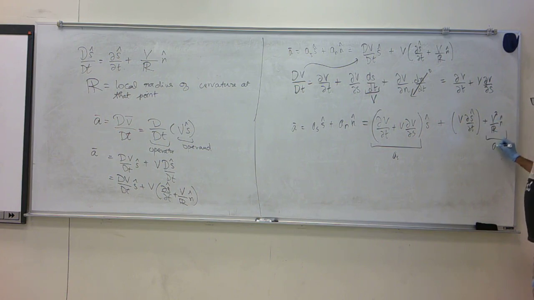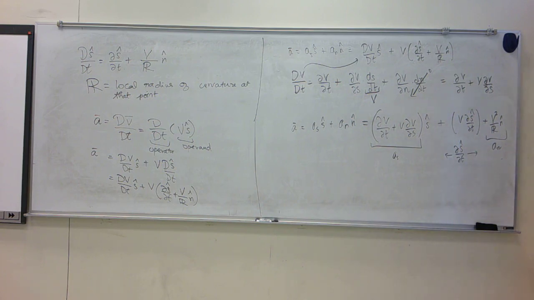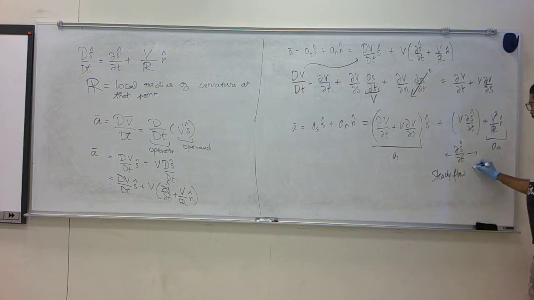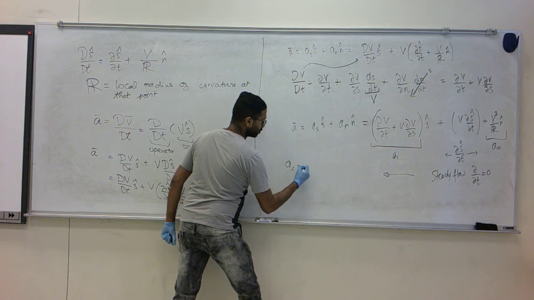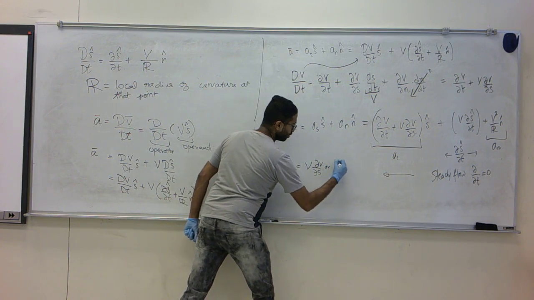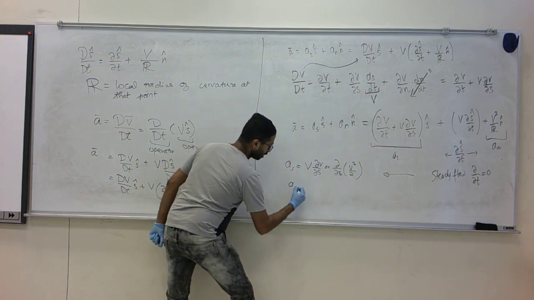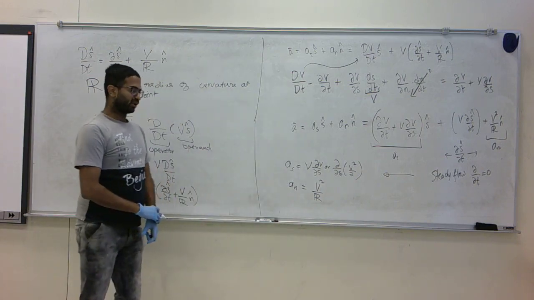This would be the normal component of the acceleration, and depending on how ds over dt turns out, this may have components for both as and an, but generally for steady flow we assume that the time dependence is 0, which gives us as equal to v dv ds, or the partial derivative of v squared over 2, and the normal component is v squared over r, sorry, the radius of curvature.